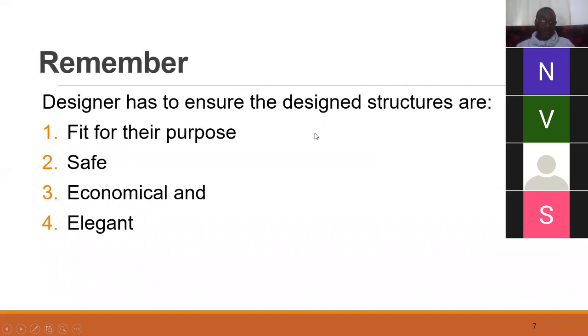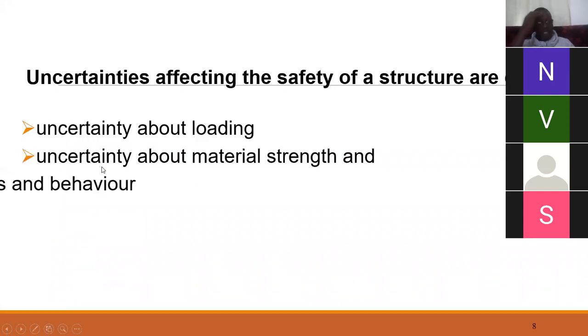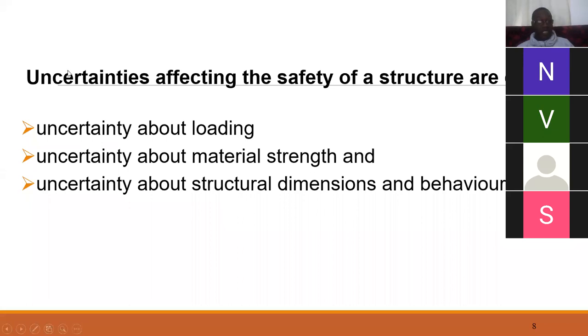So if we consider safety, we say there are some uncertainties which may affect the safety of the structure. This includes uncertainty about loading, uncertainties about material strength, and discrepancies of the structural dimensions.